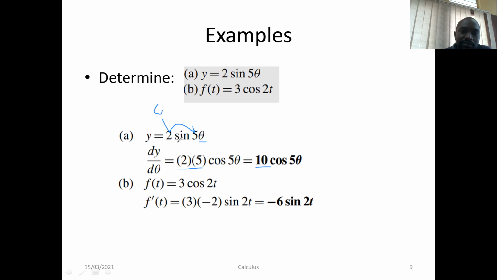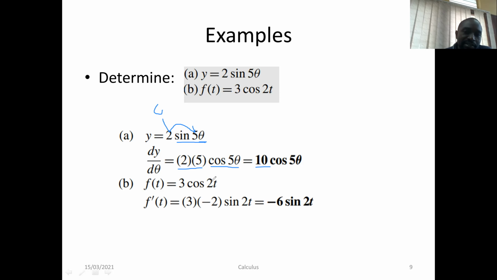And then the derivative of sine 5 theta is simply cos 5 theta. Therefore, the final answer is 10 cos 5 theta, being the derivative of y equals 2 sine 5 theta. In the second example, we can do a similar thing. Given a function of t, f of t equals 3 cos 2t.